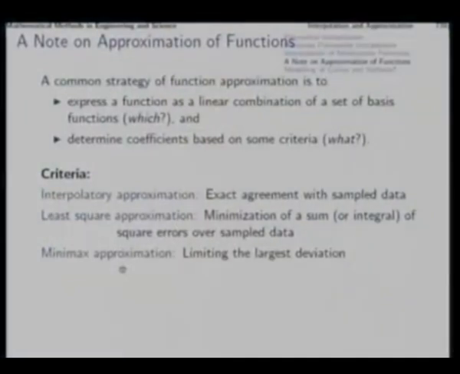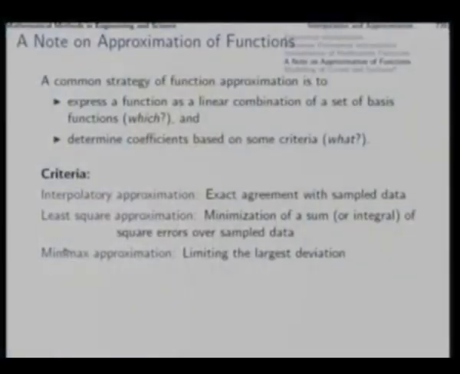Now, the third criterion of approximation of a function is minimax approximation, in which the objective is not the sum of squares of errors all over the domain, but the objective function to be minimized is the maximum error.